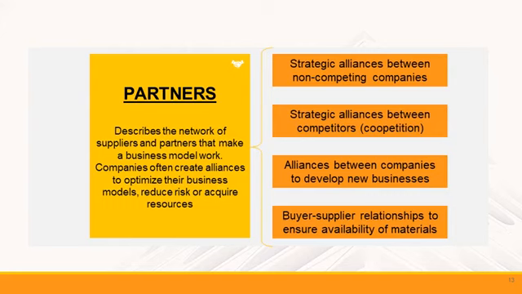I'm going to create an alliance with a logistics provider in order to ensure that I'm able to deliver the final product to the final customer, and I'm going to avoid all the costs of acquiring the different vehicles, the maintenance of these vehicles, the human resources that are going to drive the vehicles and things like that. So this will be an example of a strategic alliance between non-competing companies.